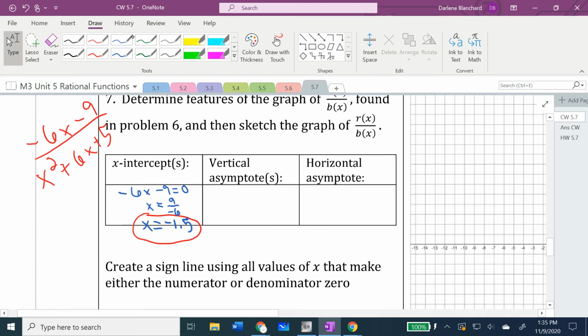Vertical asymptotes are what makes the denominator equal to 0. And I'm factoring two numbers that multiply to make 5 and add to make 6. And I find that I have negative 1 and negative 5 as my vertical asymptotes.